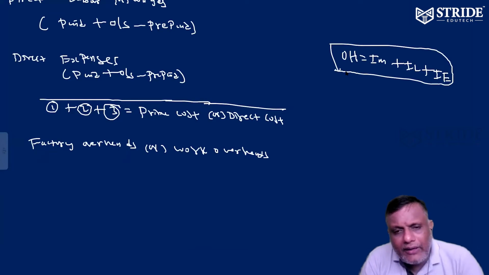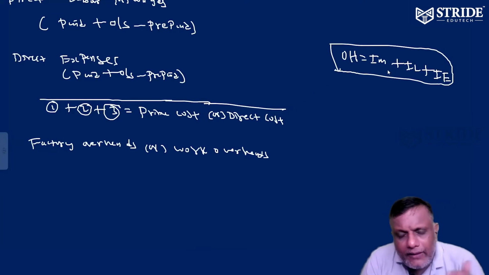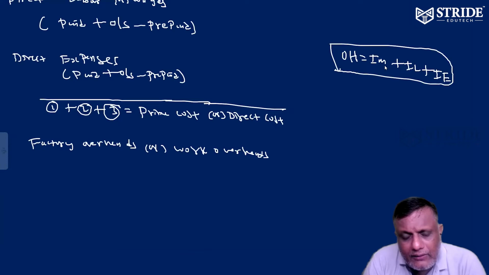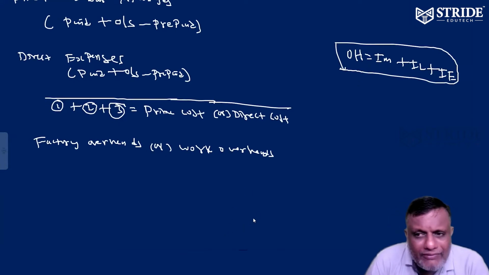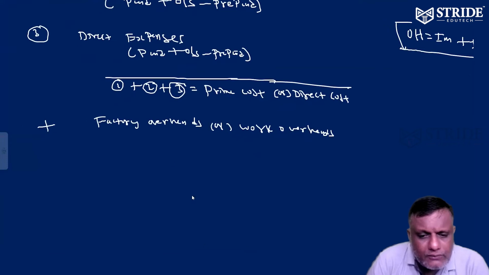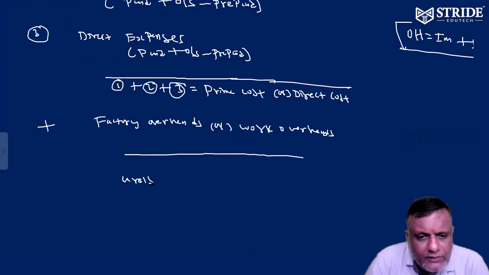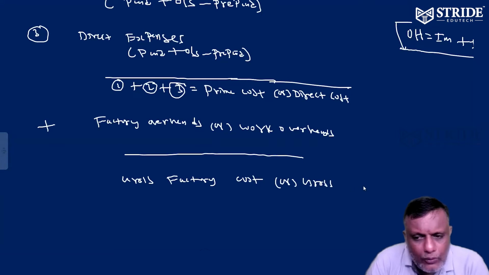Direct material, direct labor, direct expenses make prime cost. Indirect material, indirect labor, indirect expenses make overheads. These cannot be traced, but the expense is happening and you cannot measure it precisely. So all factory related overheads, please add to the prime cost, and you'll get gross factory cost, or gross work cost.